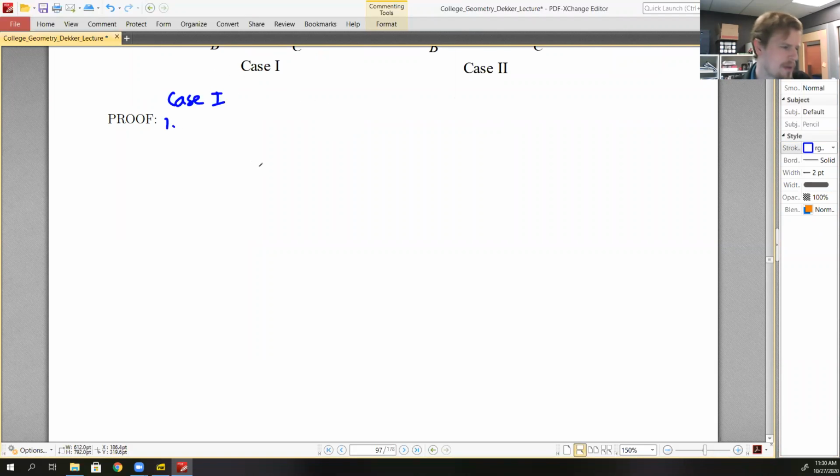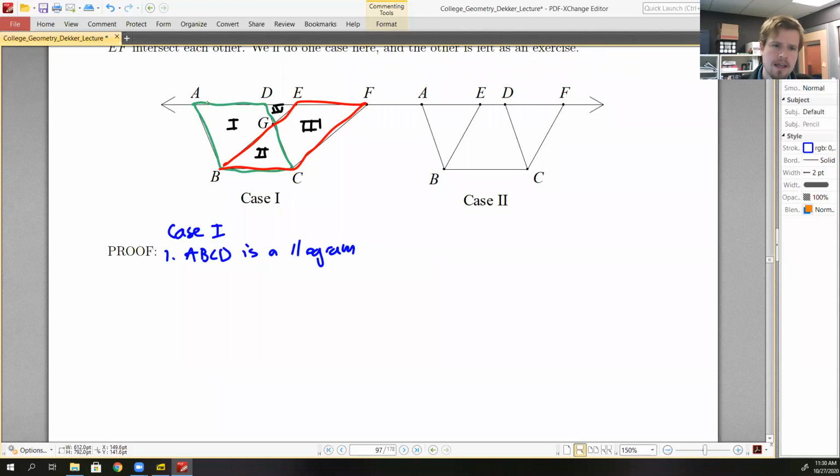So, of course, we start by the givens. A, B, C, D is a parallelogram, and E, B, C, F is a parallelogram. Excellent. Those are what is given.